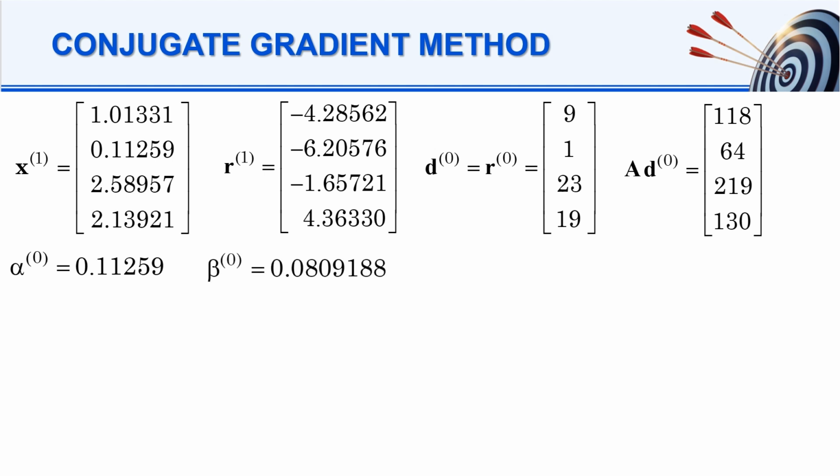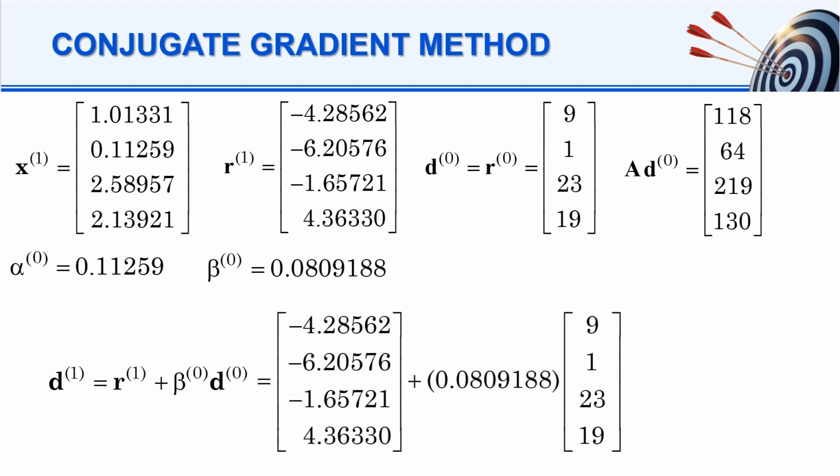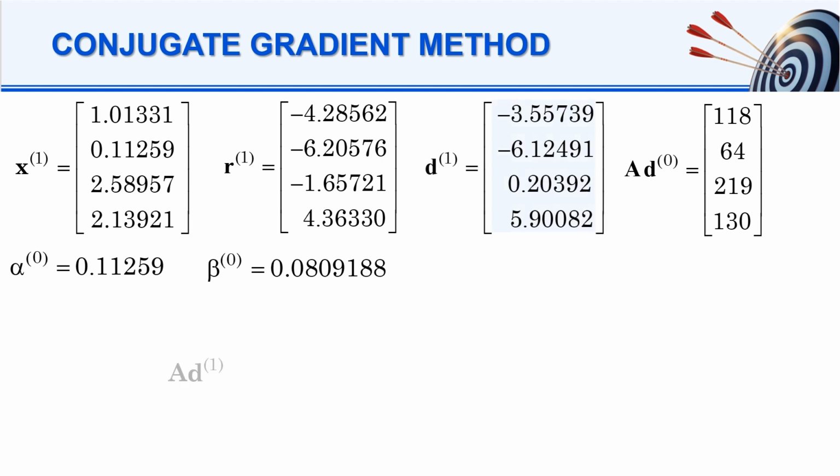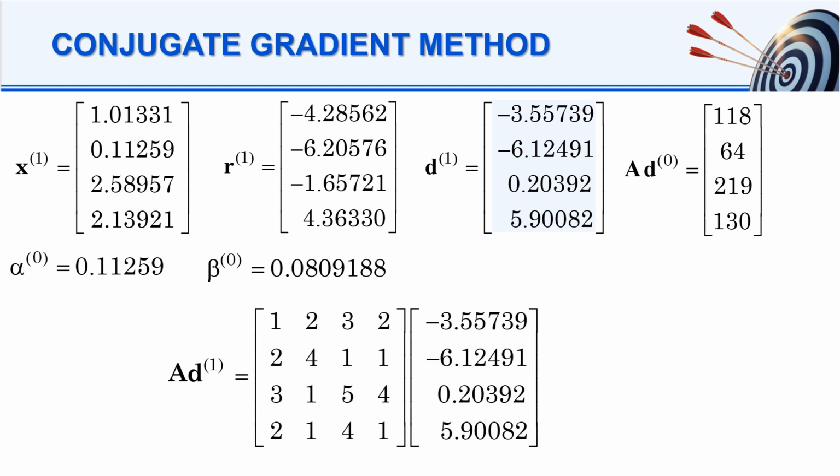Having the beta value, we find the new search direction as follows. The product of the matrix A and vector D is required to calculate the step size alpha, so we obtain the vector AD.